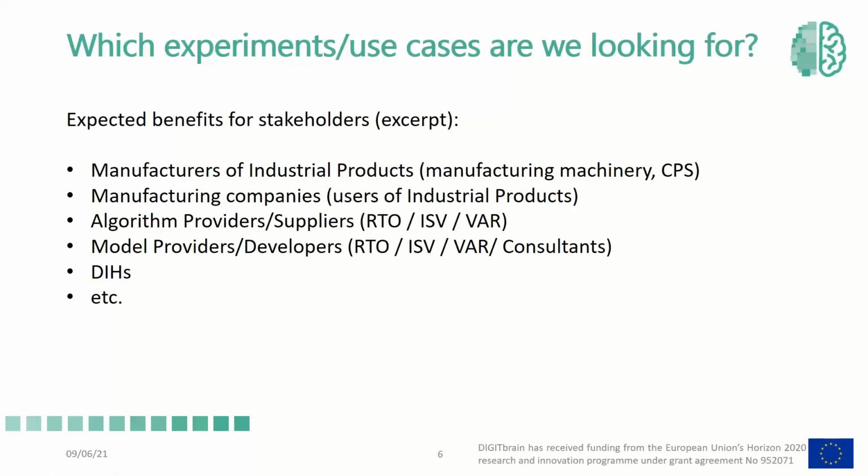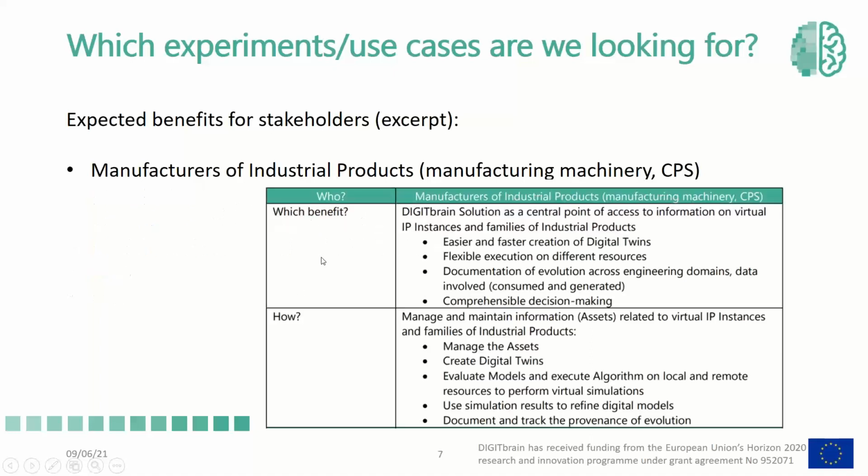But then we have software vendors. We have the potential for consultancy companies to be a partner that may be specialized on developing models that capture and describe a certain behavior. Digital innovation hubs, HPC centers, etc. So we have a set of more than 10 potential stakeholders, and this is just an excerpt.